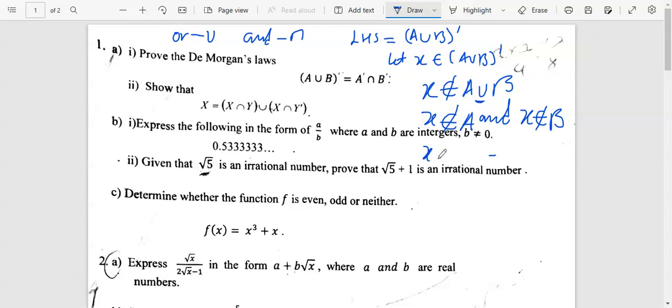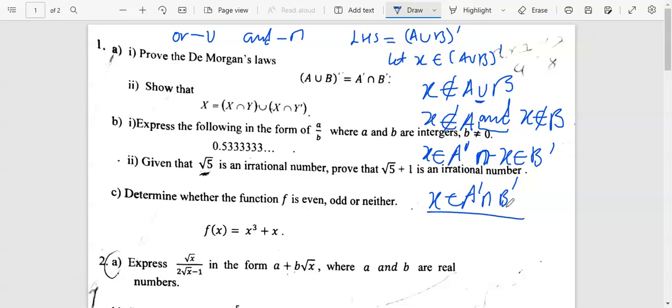So this means that x is a member of A complement because it wasn't a member of A. And then the word "and" now changes into what? Intersection. Okay? x is a member of B complement since it wasn't a member of B. This means that x is a member of A complement intersect B complement.